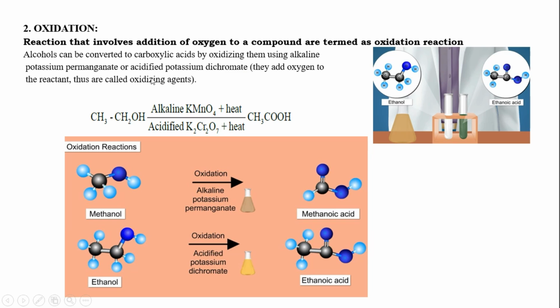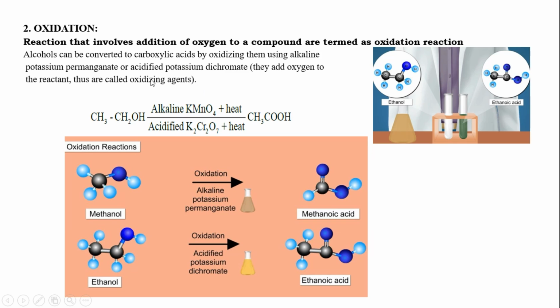Now over here you will see how alcohols are converted into carboxylic acids with the help of some special substances. These special substances that help the alcohol get converted to carboxylic acid are called oxidizing agents, which have the capability of adding oxygen to other compounds.